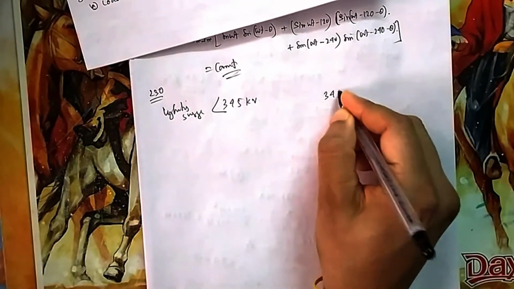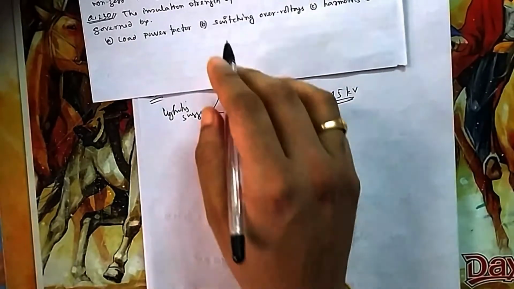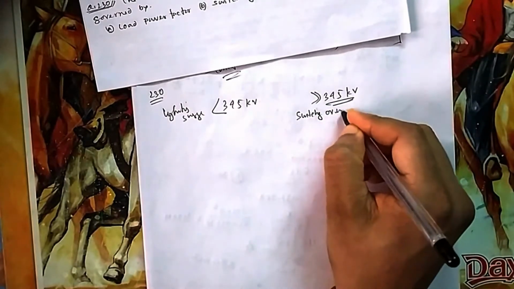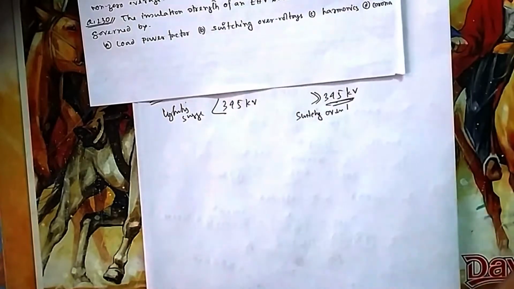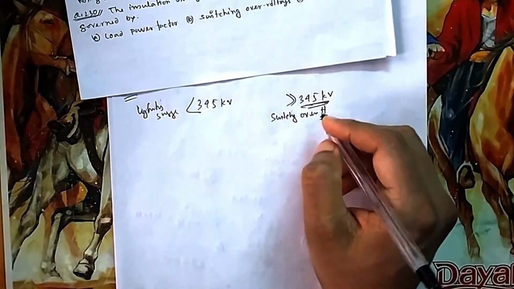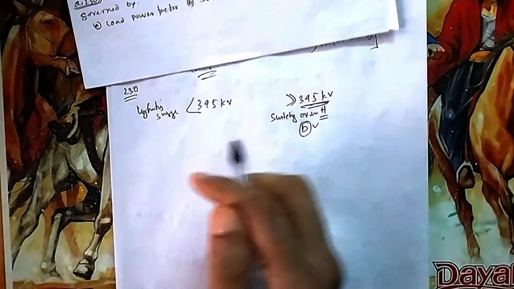But if it goes above 300 kV, then before lightning we also think of switching, because switching over voltage is much higher than lightning over voltage if it goes beyond 345 kV. So it is extra high voltage, around 700 kV or above. So obviously it will be option B. We will consider switching, because it crossed that 345 threshold.